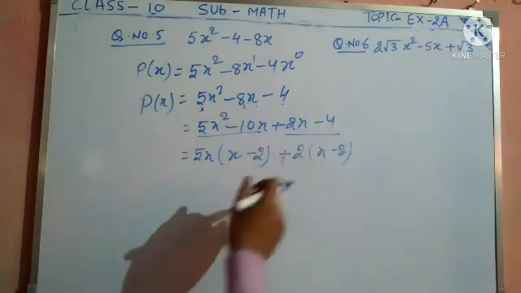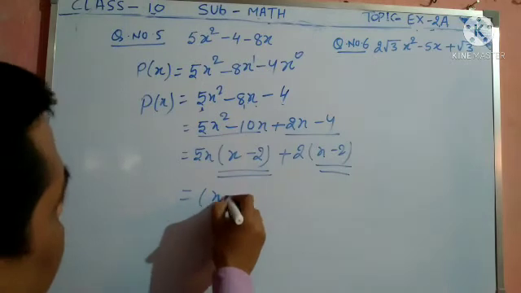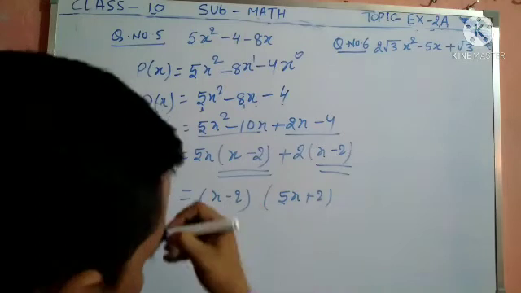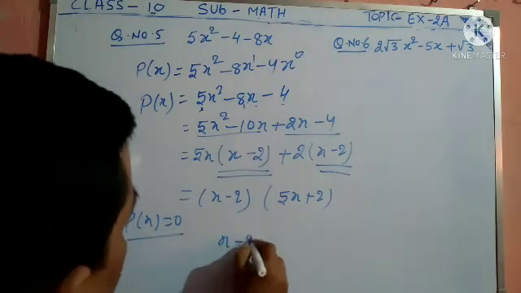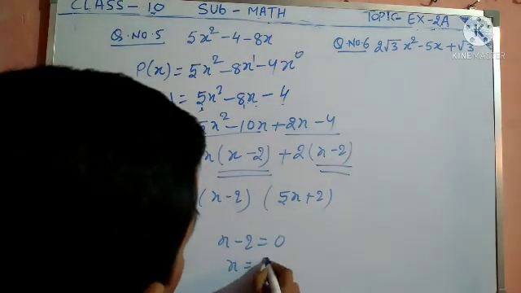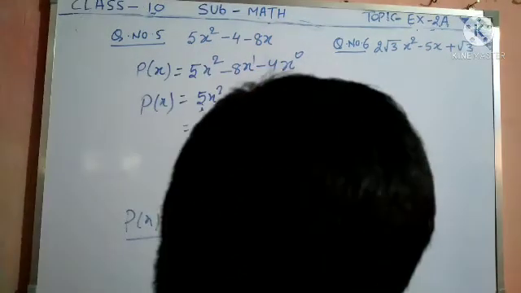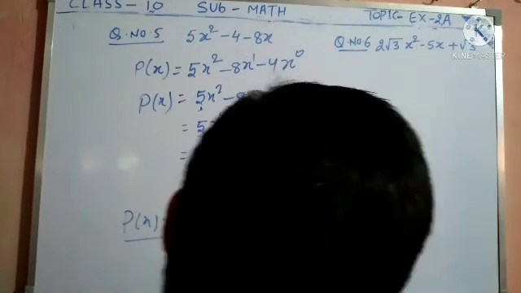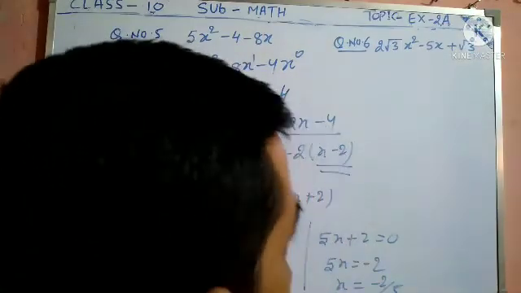So we get x minus 2 and 5x plus 2 equal to 0. So p of x is equal to 0: x minus 2 is equal to 0, then x is equal to 2, and 5x plus 2 is equal to 0, so 5x is equal to minus 2 and x is equal to minus 2 by 5. So the two zeros found are 2 and minus 2 by 5.